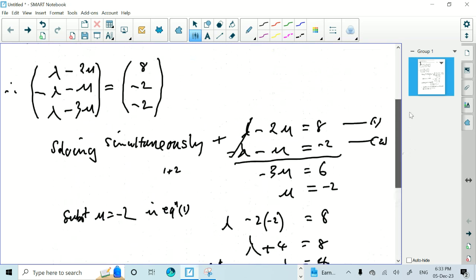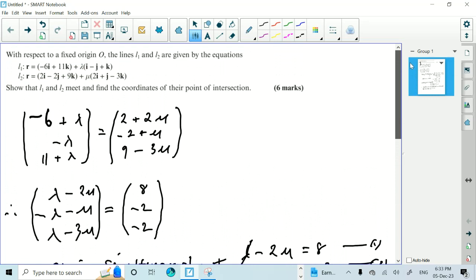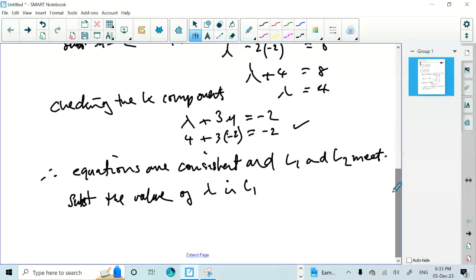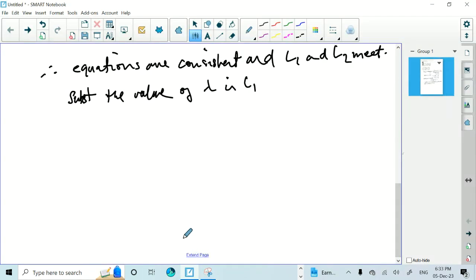L1 is minus 6 plus 11k. So we've got minus 6, 0, and 11. Let's write it out as vectors: minus 6, 0, and 11, because we had 0 j, only i and k.